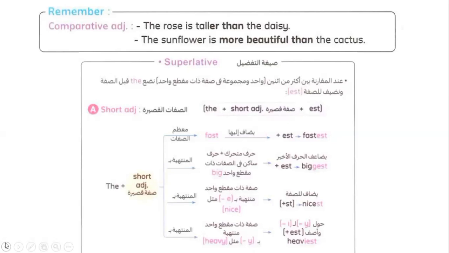Also, if my adjective ends with letter E, I just add st. And if my adjective ends with letter Y, look at the letter before Y. If this letter is a consonant, you change Y to I and add est. For example, heavy will be heaviest.